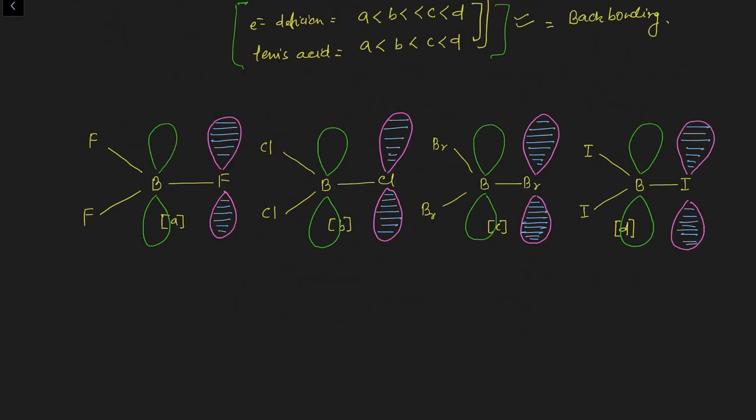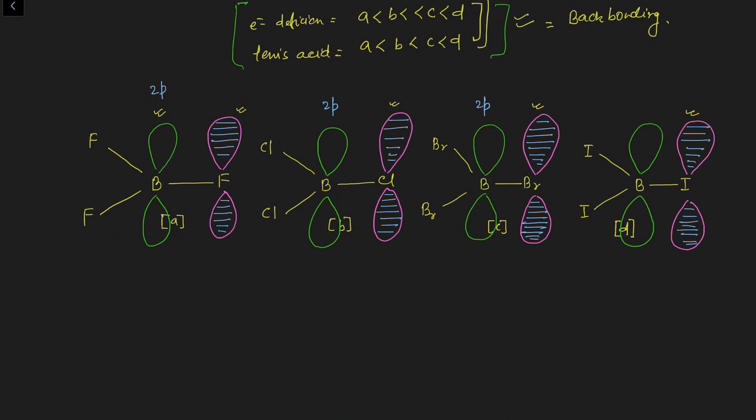It is already discussed that boron has an empty 2p orbital and the halogen atom has a lone pair of electrons in its filled p orbital. But here the p orbitals are different in different halogen atoms. In boron, this is the 2p orbital, which is empty.